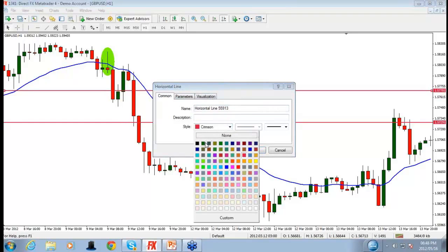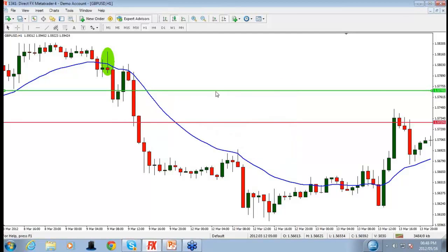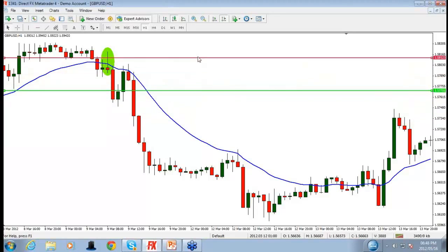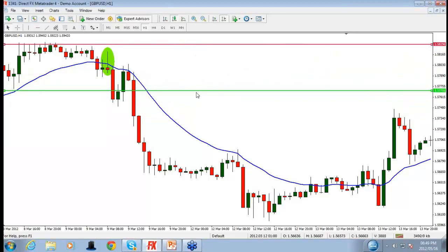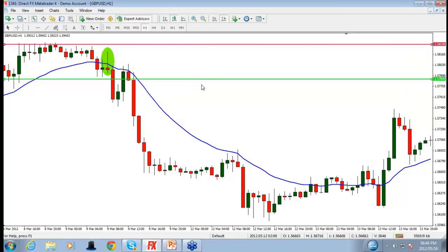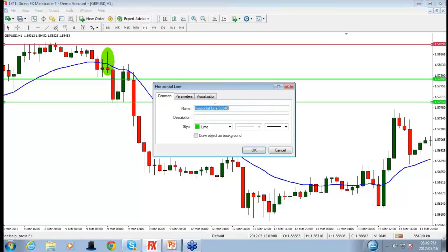I'm going to make this one nice and green. That green will be fine. Okay, so I'm going to use this one as my stop loss. You know, that's the red one, bad news. And the green one for the entry. And then I'm going to use another color here for my take profit.